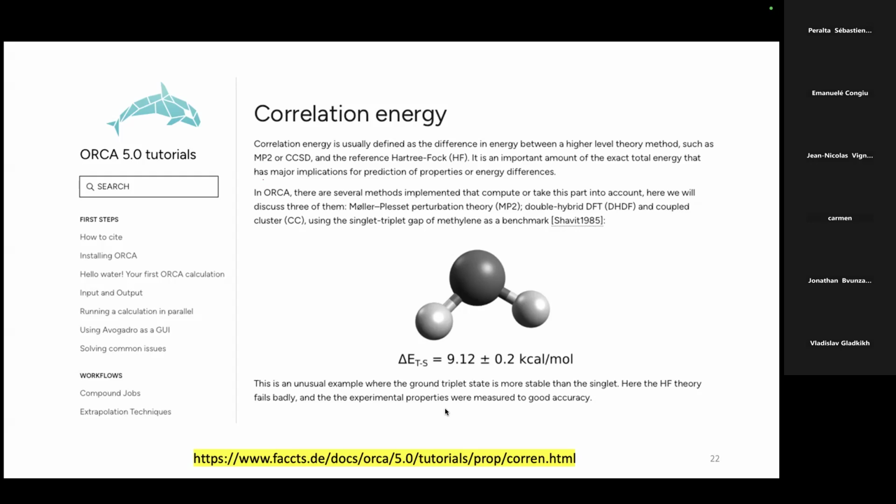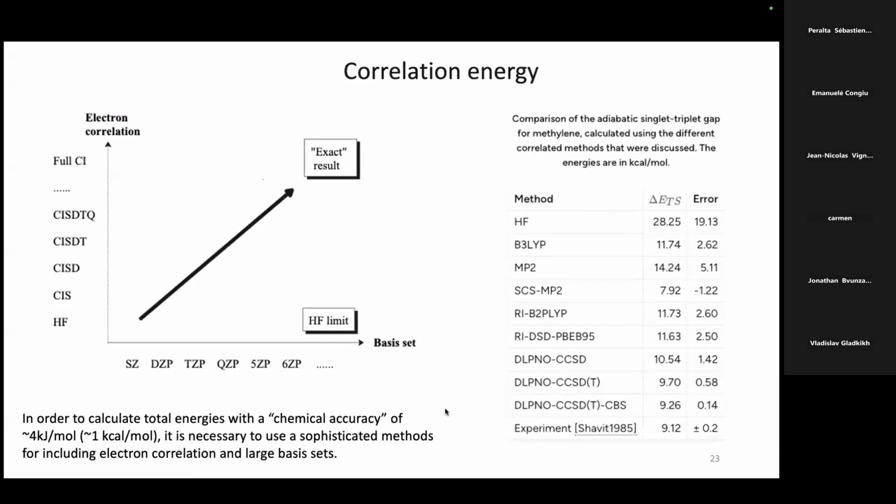Now I will go to the results, and here what we do is basically compute the singlet and triplet energy gap. Is it true?